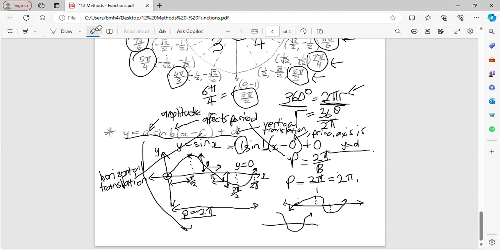I know that some of the questions ask about when there are zeros in the graphs. So basically, if you've got any equation, say sine of something, if you're trying to find the zeros, you make it equal to 0.